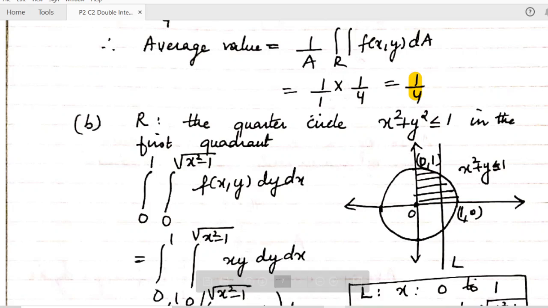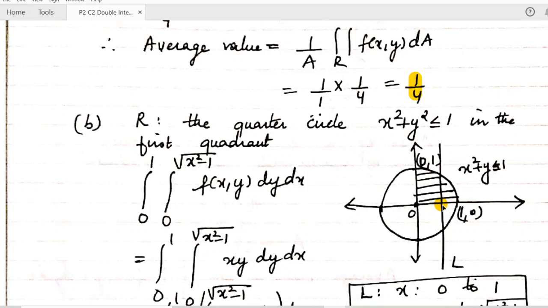Now by using this region, we will be finding the limits of x and y. For that, let us consider a vertical line passing through this region, and we can see that this line touches this region at this point. So we are using the vertical cross-section method.